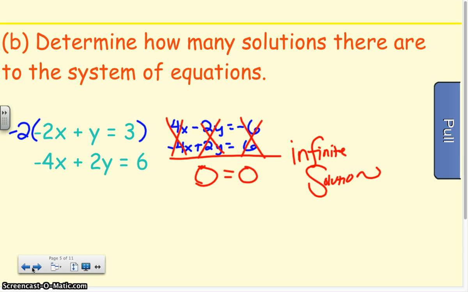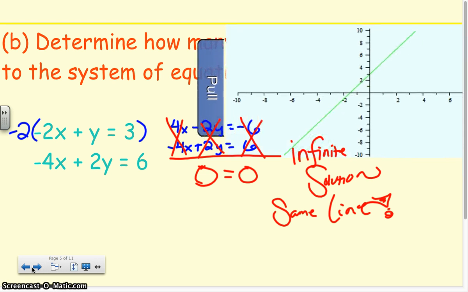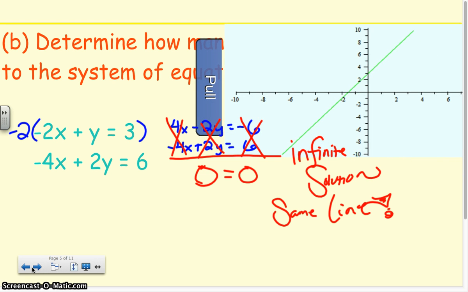That means where do they intersect? If they intersect for infinity, that means they are the same line. Let's see our visual here. If you look, they just drew one color, but really you have the line right on top of the other line.